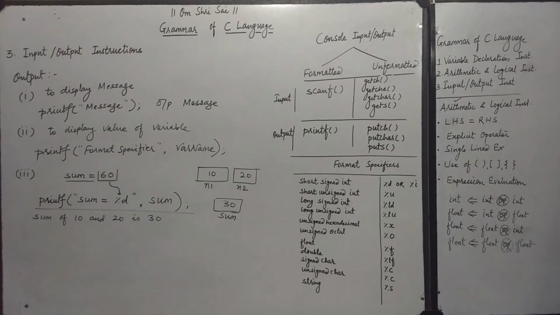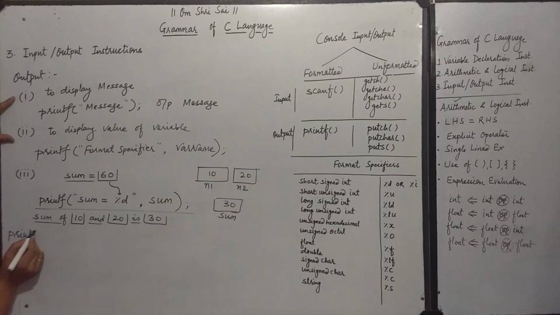Now again, what should be written? Identify the variables. So this is a variable, this is a variable, this is a variable. Identify the message, message, message and message. Now merge these two syntaxes, 1 and 2, and start writing.